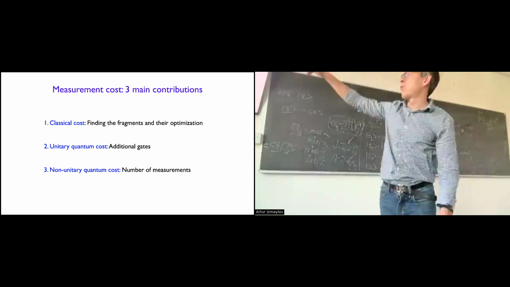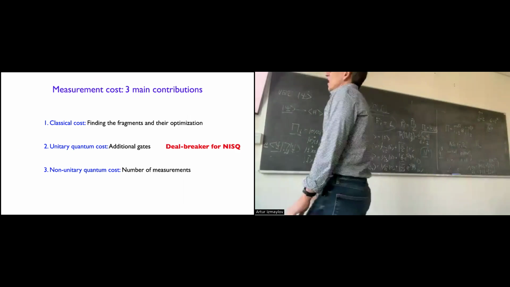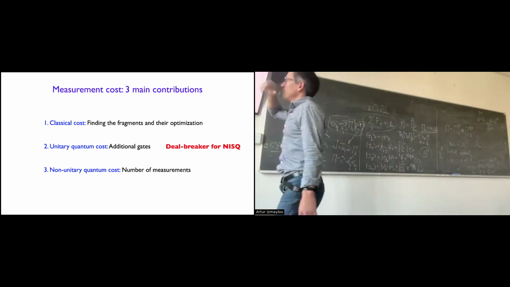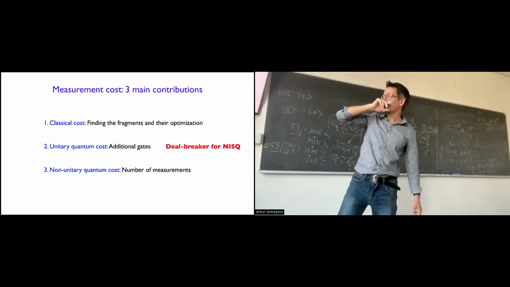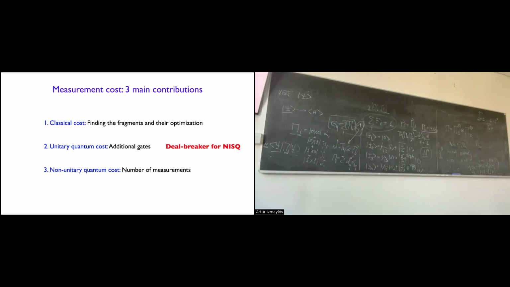But the one last point I want to make, which we somewhat discussed: you probably get the sense that there's a classical cost associated with this partitioning or optimization. Then there is a non-unitary quantum cost, which is the number of measurements, non-unitary because measurement is generally non-unitary.